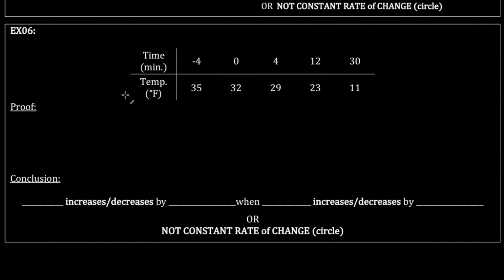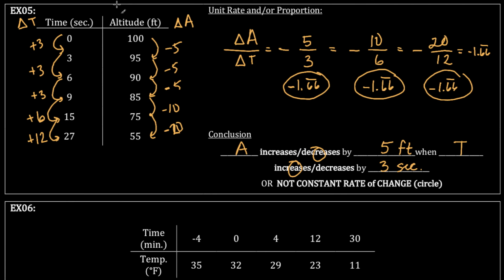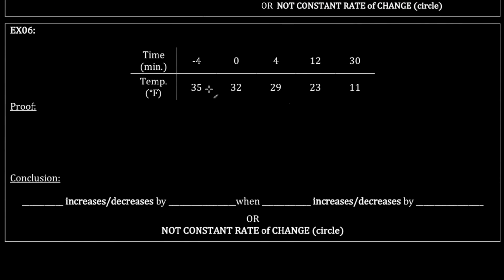So we have two variables, temperature and time. If you notice, the one that we always start with is the second one, right here. So I'm going to start with the second one. So the temperature. 25 to 32 is minus 3 degrees, minus 6 degrees, minus 12 degrees.